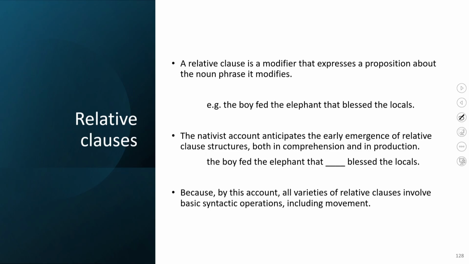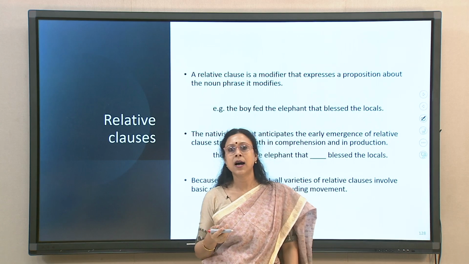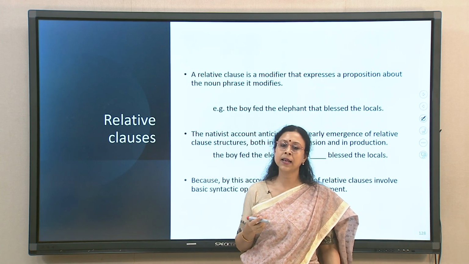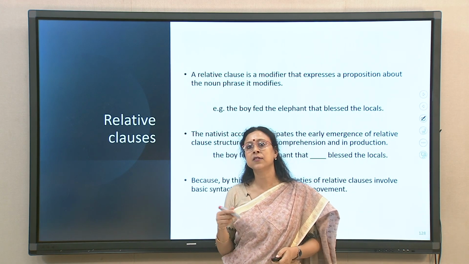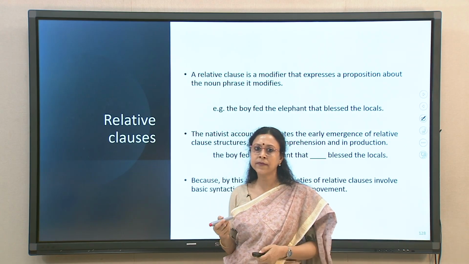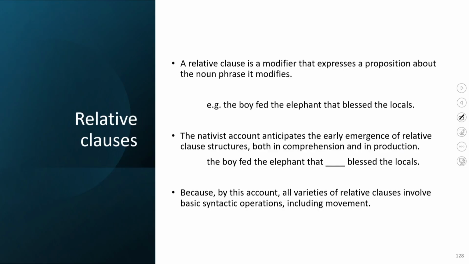The nativist account anticipates the early emergence of relative clause structure both in comprehension and in production. The reason being that the structure is already embedded among them. So, the boy fed the elephant that blessed the locals, again we have the gap here.